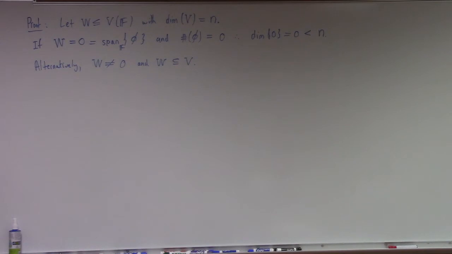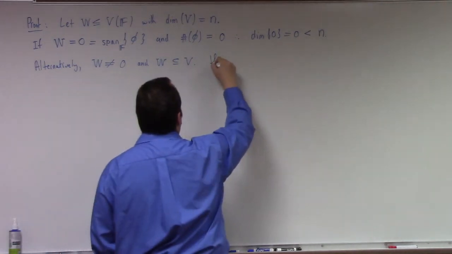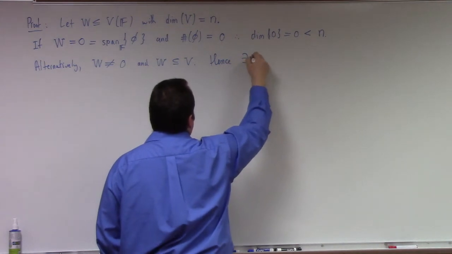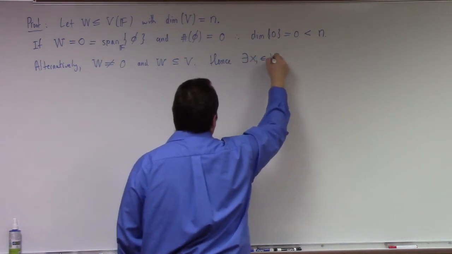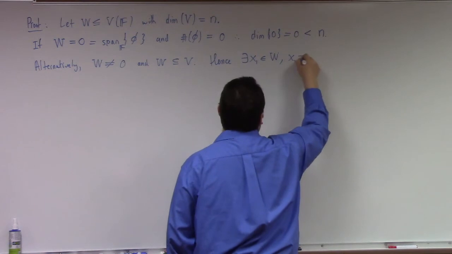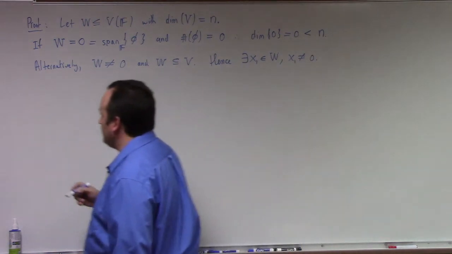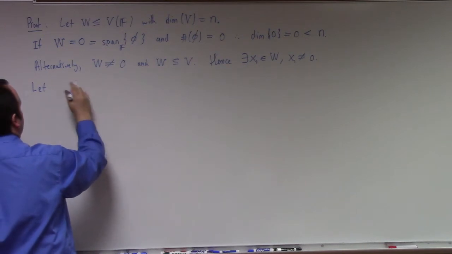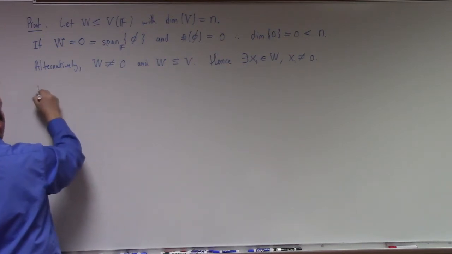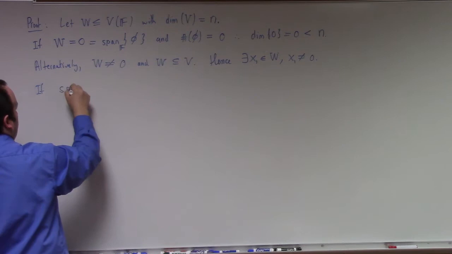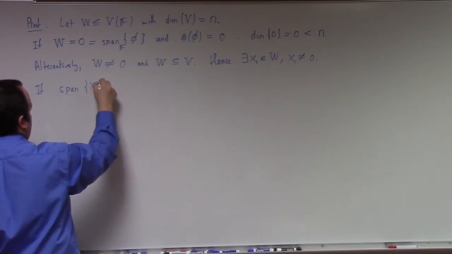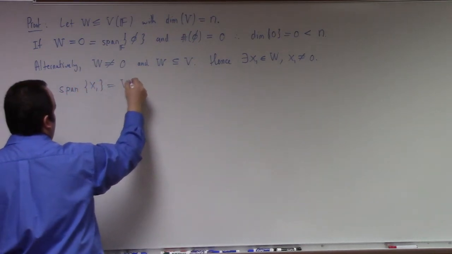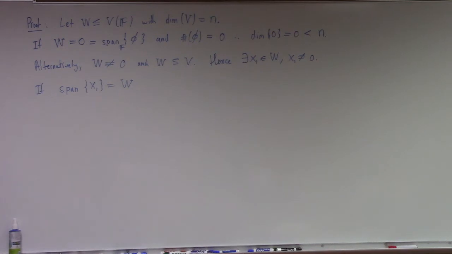But if it's non-zero, what does this mean? There exists x1 in W, x1 not equal to 0, right? So if the span of x1 is equal to W, then what?